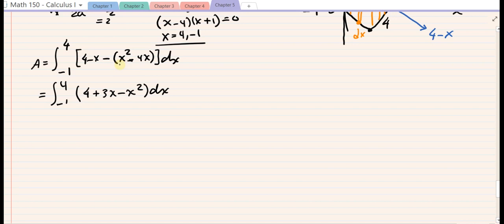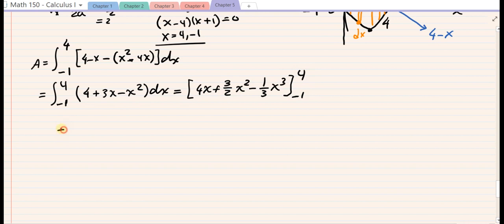And we can easily evaluate this integral. The integral of 4 dx is going to be 4x. 3x would be 3x squared over 2. And negative x squared would be 1/3 x cubed, evaluated from negative 1 to 4.